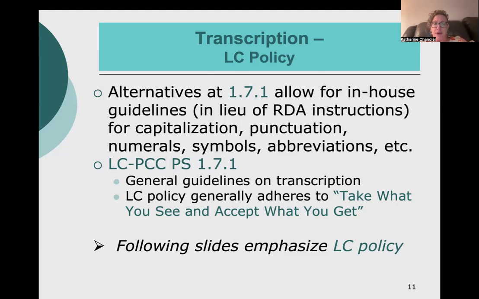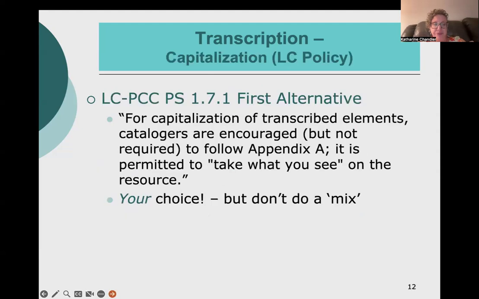So for Library of Congress PCC policy statement 1.7.1, which you could probably Google, you have general guidelines and transcription. LC policy generally adheres to take what you see and accept what you get. The following slides emphasize LC policy.